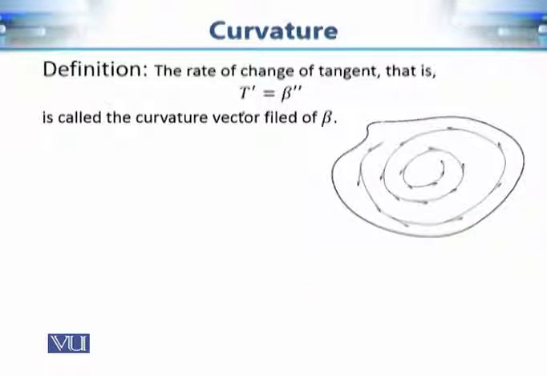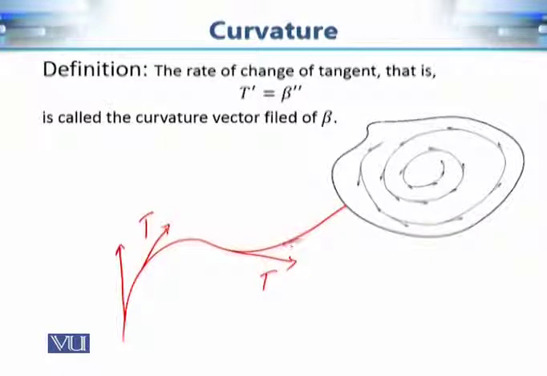Now the point is, at each and every point on the curve we have this tangent vector. Okay, so I'm just writing down T for each and every tangent vector, and at each and every point I can also calculate T prime, which is the rate of turning of this tangent at that point.